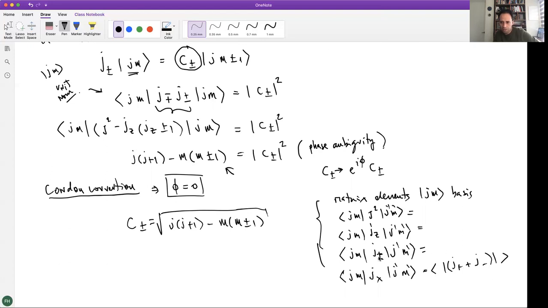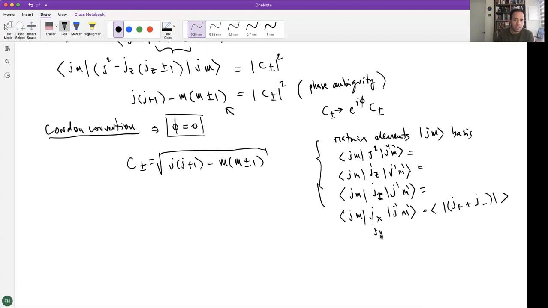And you know how J plus and J minus act on angular momentum states. Also, you can know what the component Jy is. Right? Good.